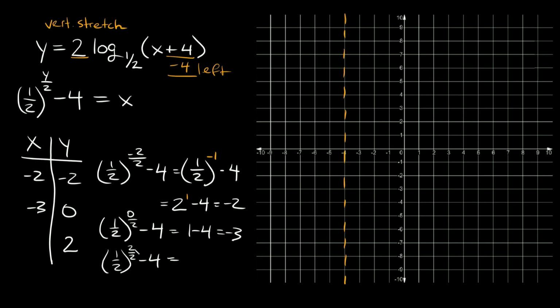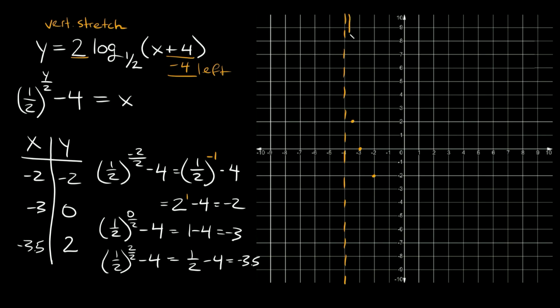So that's 1/2 raised to the first power, right? So then we're just left with 1/2 minus 4, and that's equal to -3.5. Okay, so our 3 points right here are (-2, -2), (-3, 0), and (-3.5, 2).